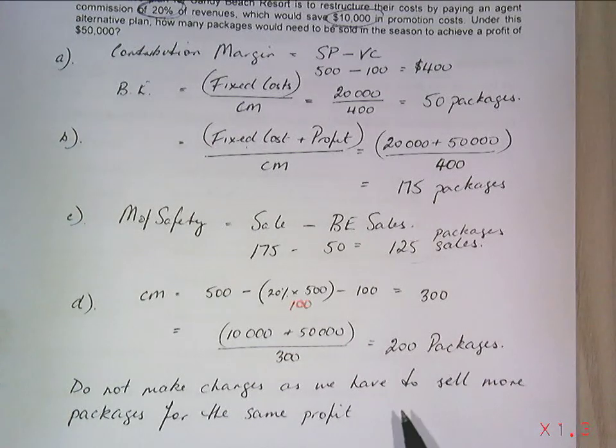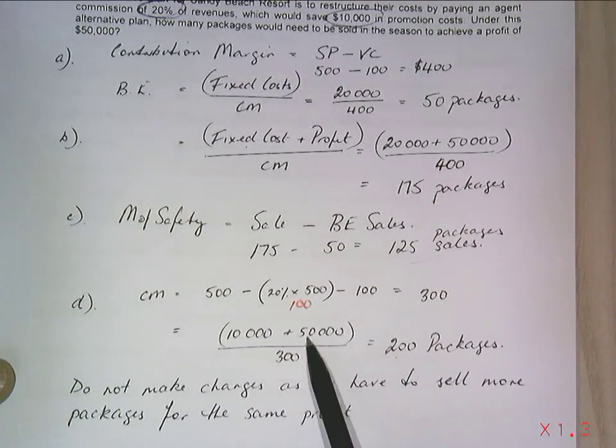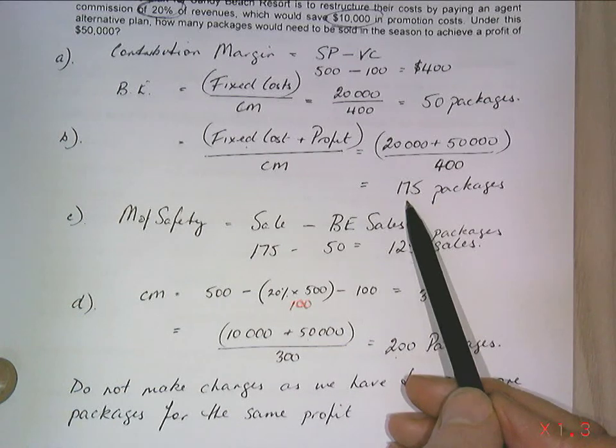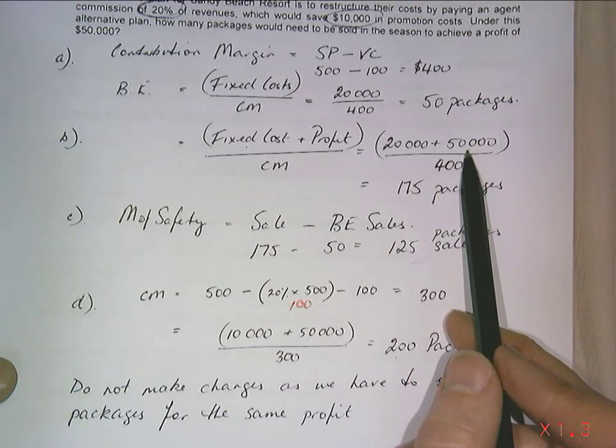We wouldn't make these changes because we have to sell 200 packages for a $50,000 profit, whereas before we were selling 175 packages for the same $50,000 profit.